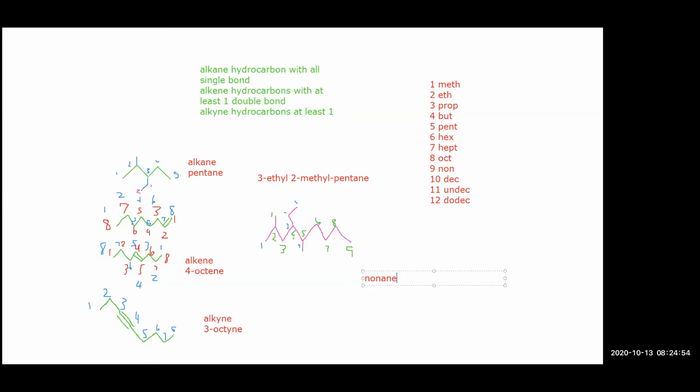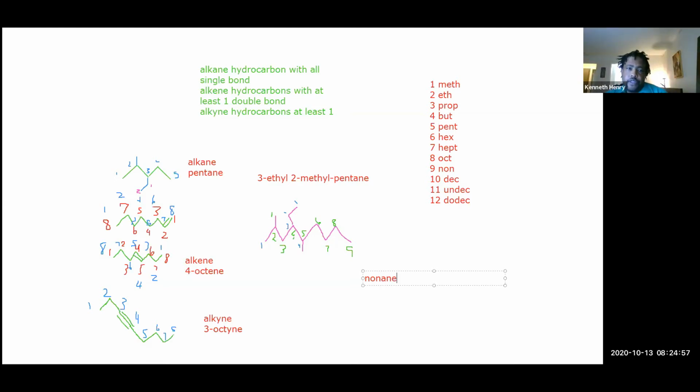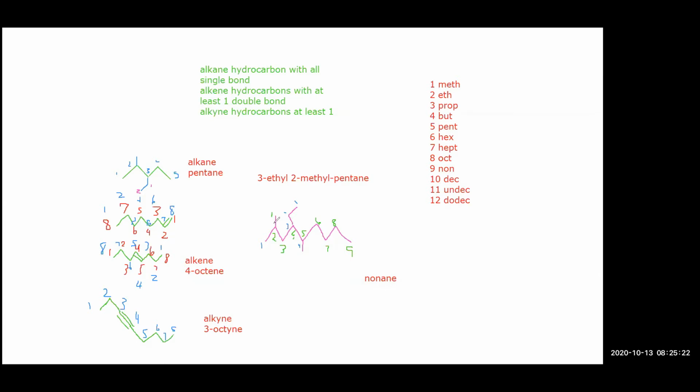Okay, so our longest chain is going to be at the end of the name, and it's going to have the ane, or the ene, or the yne. It's going to have whatever the major functional group is at the end, okay? And then what's coming off that second carbon? Another carbon? So how many?